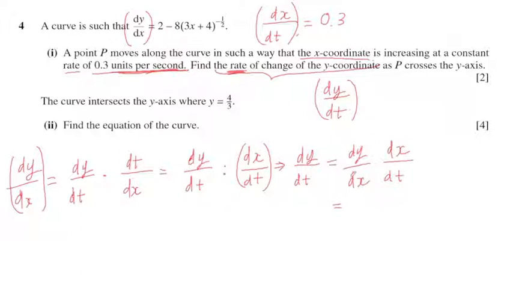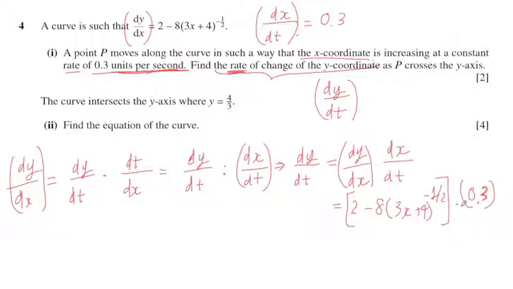So you know dy divided by dx is (2 minus x)(3x plus 4) to the power of minus a half, and dx divided by dt is 0.3.